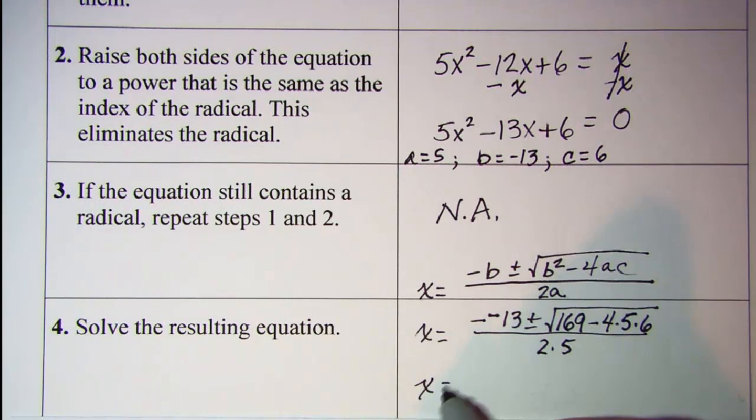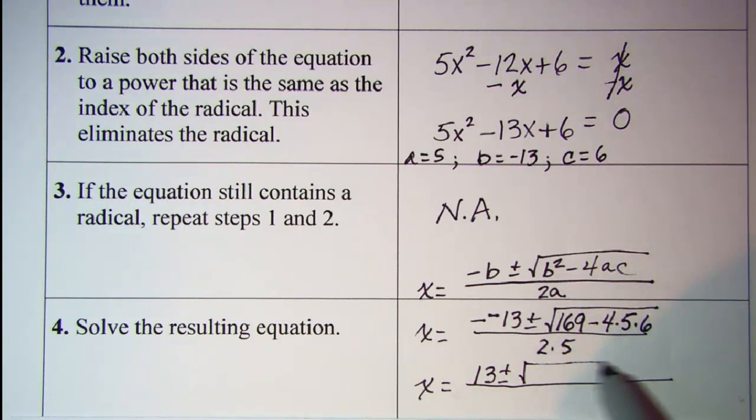So I have x is equal to negative negative, that'll be a positive 13, plus or minus square root of, and make sure you do your order of operations. I need to do this multiplication before the subtraction. So I have 169 minus 4 times 5 is 20, times 6 is 120. And then in the bottom I have 2 times 5 is 10.